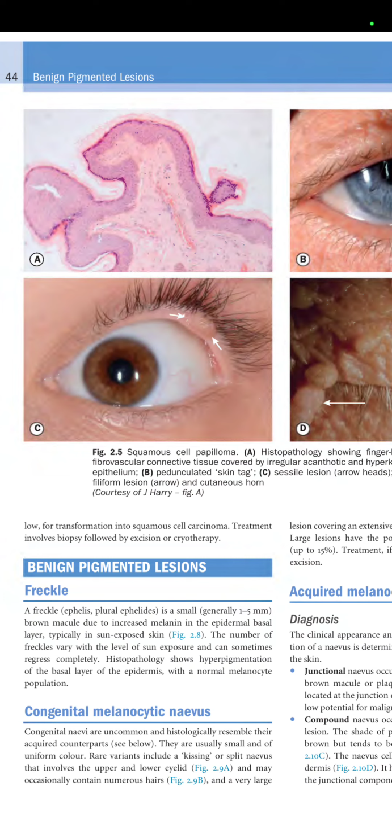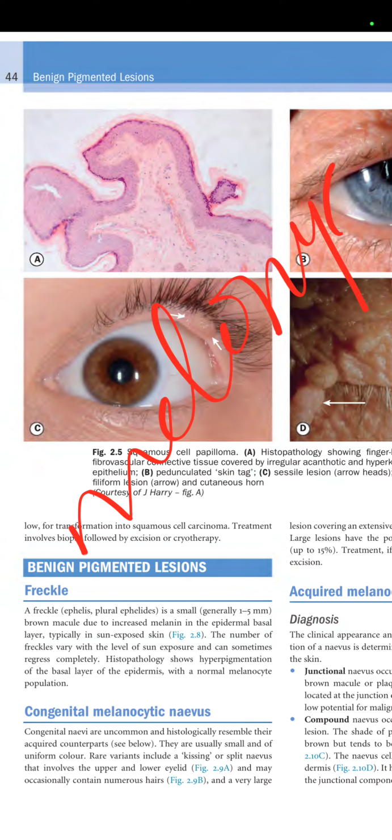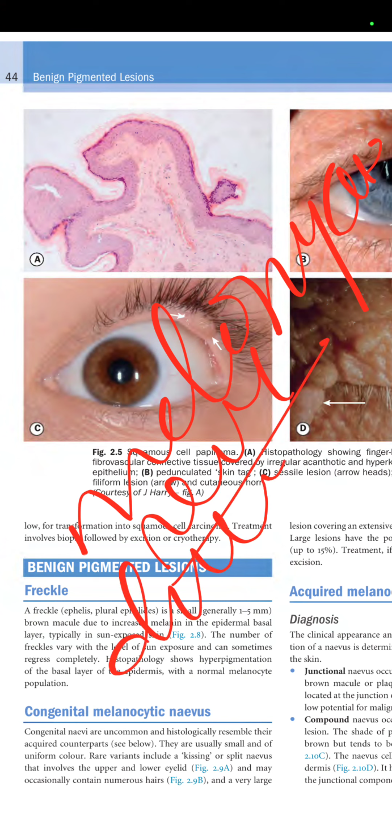So basically, in congenital melanocytic nevi the melanocytes are increased in number, and you can see a deep or blackish discoloration on that part of the area. Congenital means that they are developmental and present from birth, and they resemble the acquired counterparts.